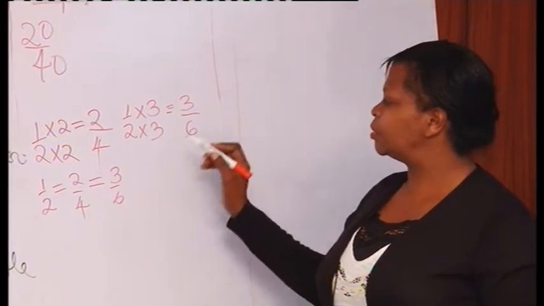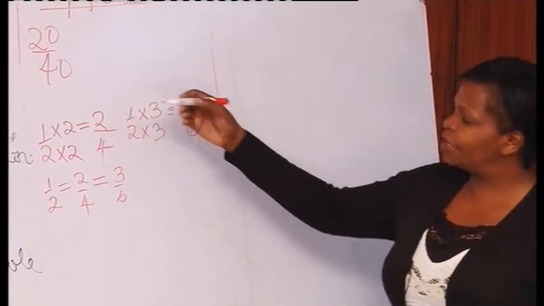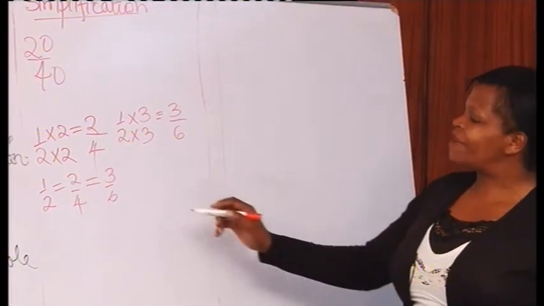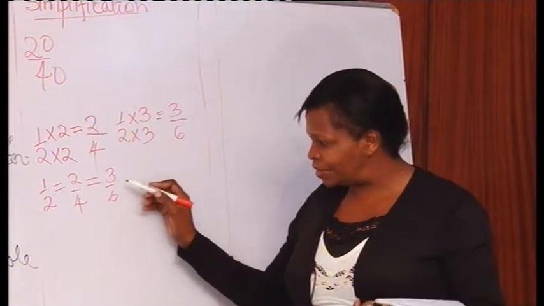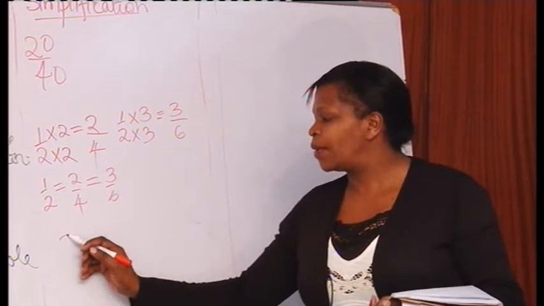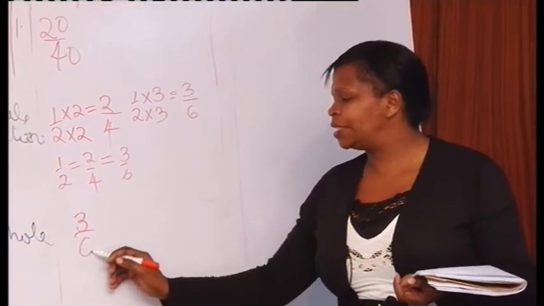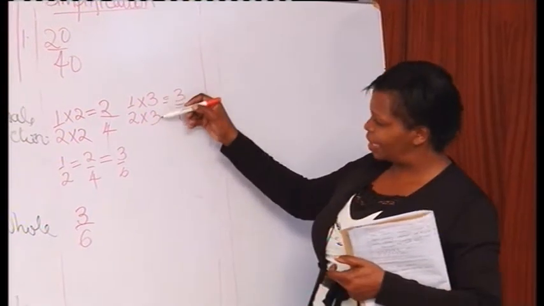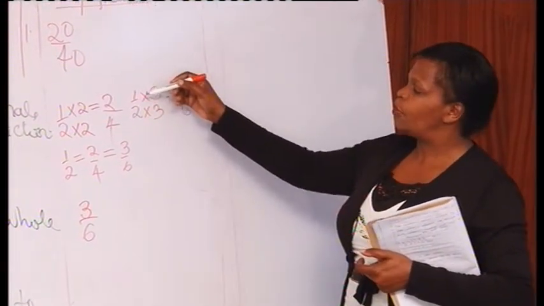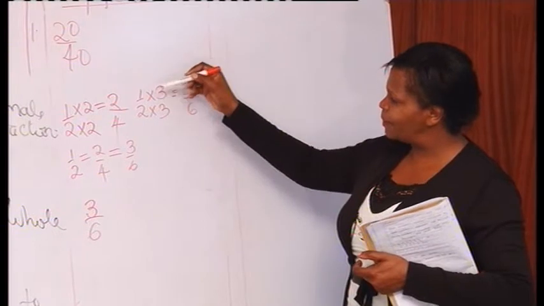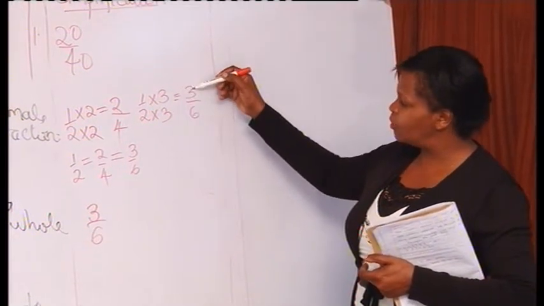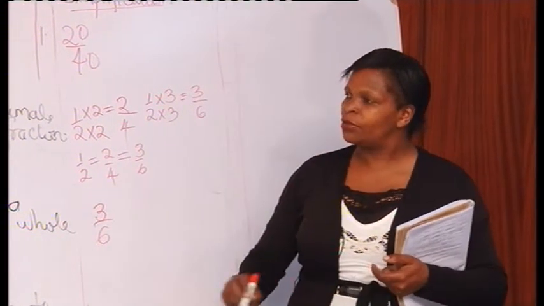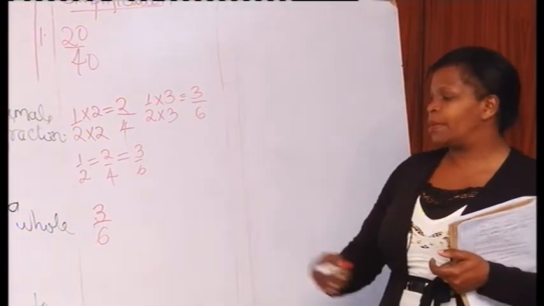Now I can continue and continue by multiplying the numerator and the denominator with the same number. Now if, for example, I started with this and I'm told, can you simplify 3 over 6? Then the number I multiplied my 1 over 2 with to get 3 over 6 was 3. So I can use it as a common factor to divide the two numbers.